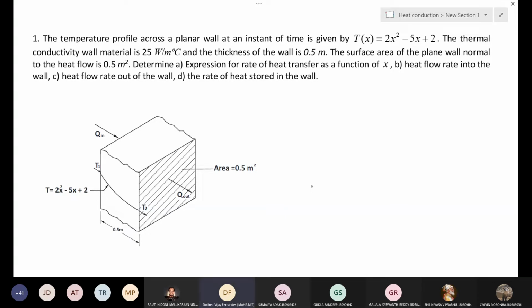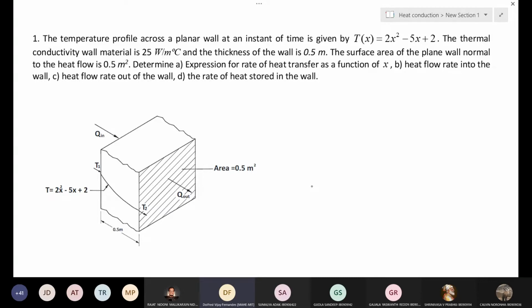So I think you can read that first question, right, everyone? It's visible. What it says: the temperature profile across a planar wall at an instant of time is given by a quadratic polynomial, 2x squared minus 5x plus 2.